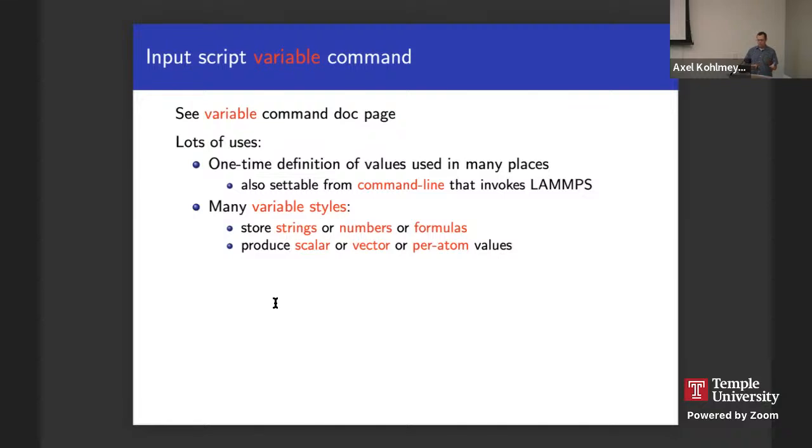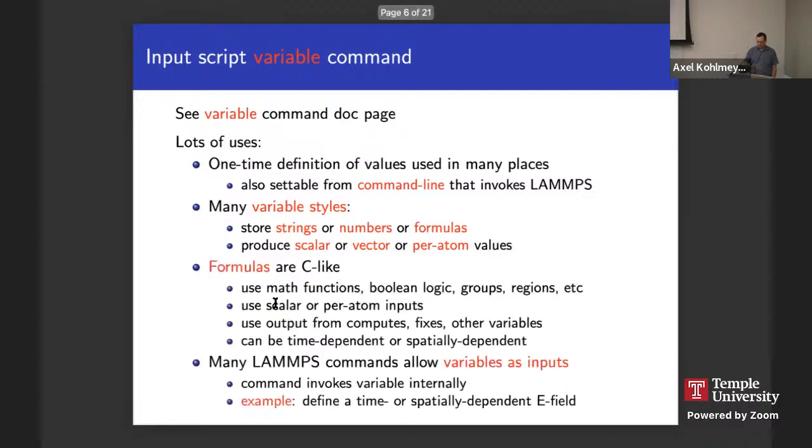Variables can produce scalar or vector or even per atom output. These formulas are C-like, so you can have math functions, logic like and, or. You can have groups, regions, scalar or per atom inputs. You can use output from other computes, fixes, or other variables. And it can be time-dependent variables or even spatially dependent.